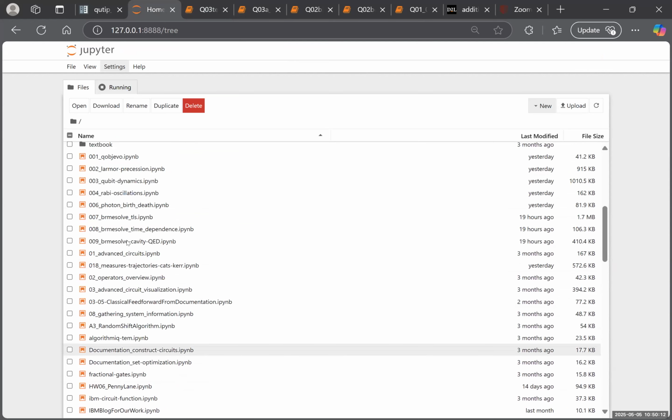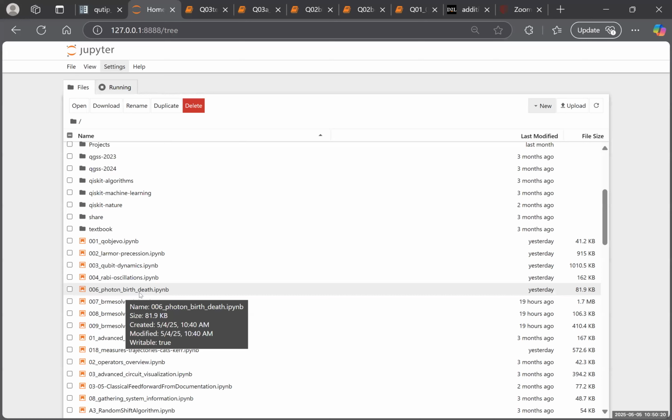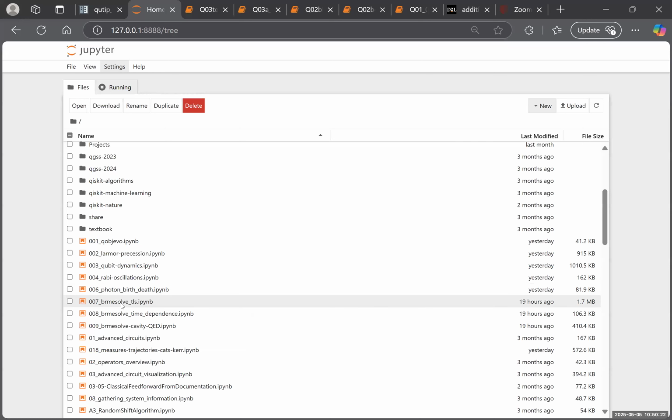I think I will upload these. For example, there's the precession, qubit dynamics, Rabi oscillation, photon burst and death. There's some for the master equation. We don't actually need to know too much detail. We just need to know there is a solver there.